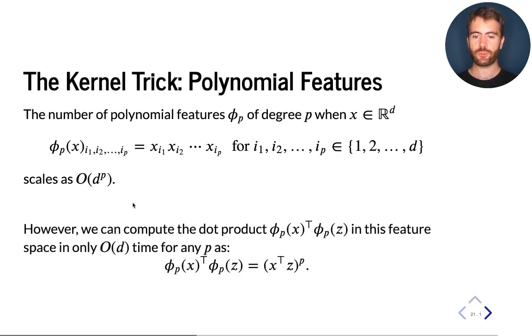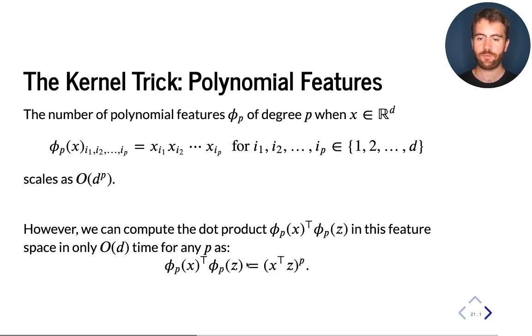But it's not hard to show that using this trick that I had in my earlier slide, I can compute the dot product between features phi sub p alternatively using this formula. And again, this formula takes only big O of d time because the inner dot product takes big O of d time, and then I just take it to the power p.